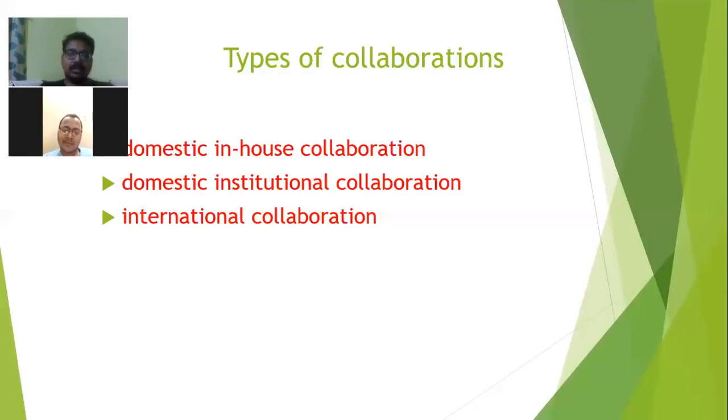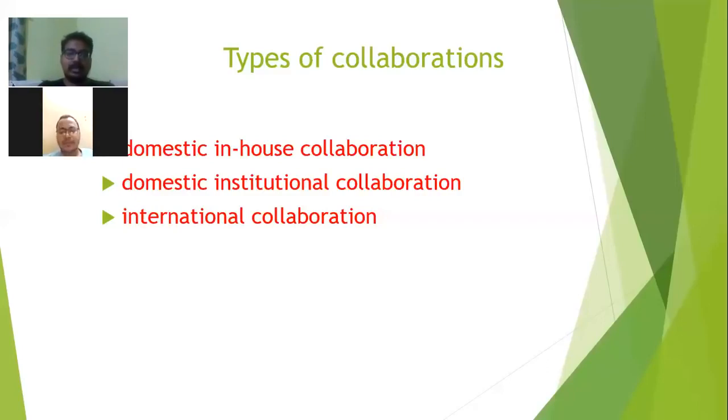When we say domestic in-house collaboration, we can divide it, in our terms, since we don't know the exact technical meaning, into two parts. One could be the domain-wise collaboration, and one could be the inter-domain collaboration.